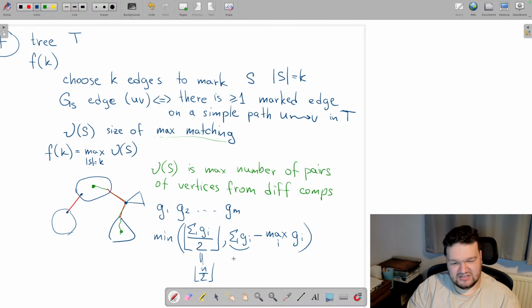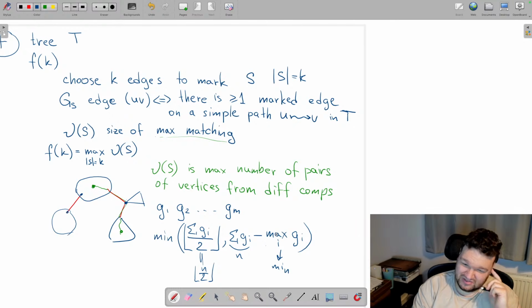So this is again just n. So what we actually want to do is minimize the size of the maximum group, and not even that exactly. We want to minimize the size of the maximum group if it is bigger than half of all the vertices.